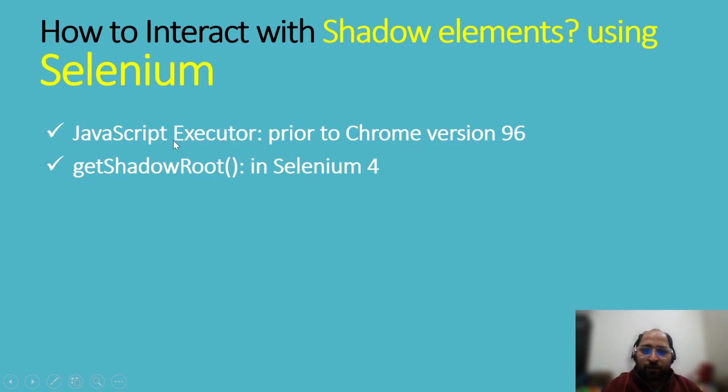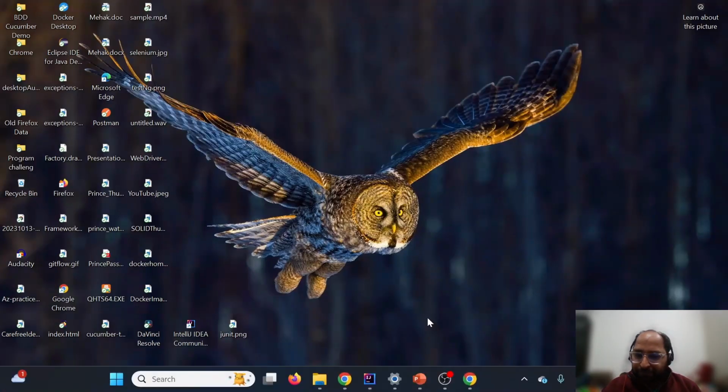The JavaScript executor approach was applicable prior to Chrome version 96, but nowadays the Chrome versions are 122 or 121, so it won't work. So we will just discuss the downside, why it is not working, right? Then we will move on to the Selenium getShadowRoot method.